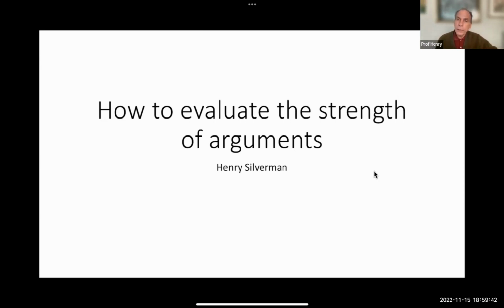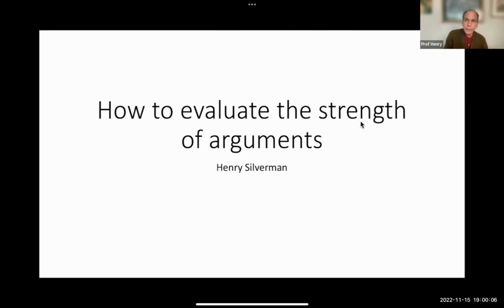We looked at using emotive language, and last week we looked at logical fallacies, and now we're actually going to look at the strength of arguments. That's going to be a major thing to look out for.